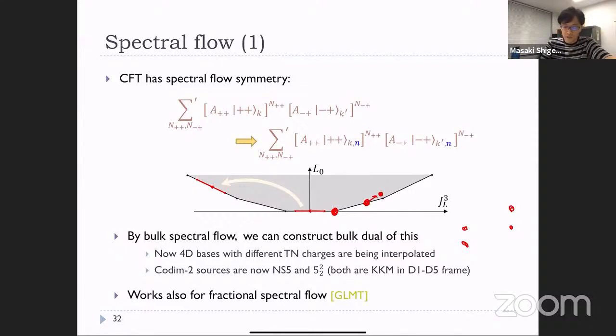We can do the same thing for this interpolation, and you can consider some interpolation that sits in the middle as long as some quantization condition is met. Namely, the endpoints must satisfy the quantization condition, but still, if that's possible, then you can interpolate between 2 different GLMT solutions.